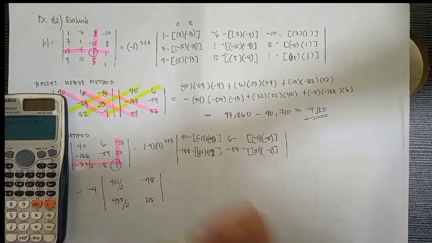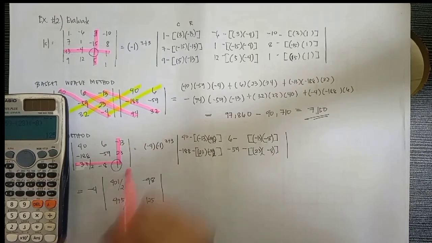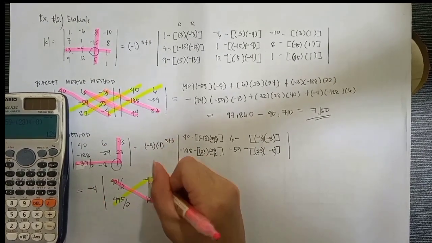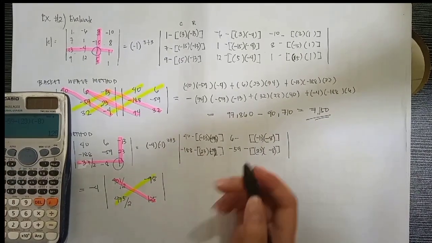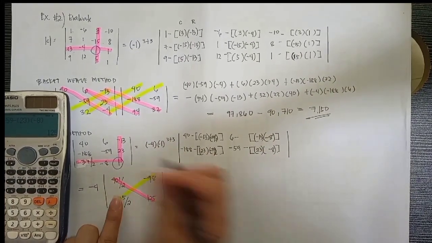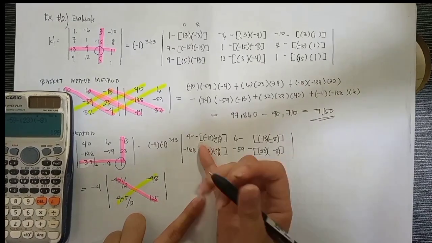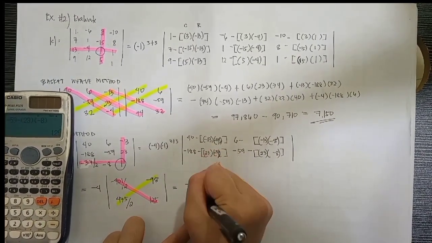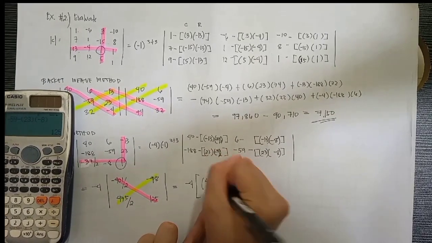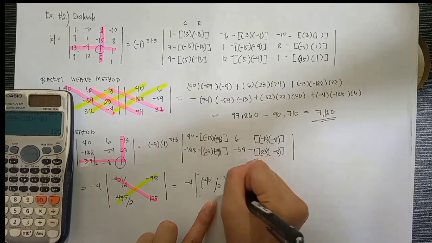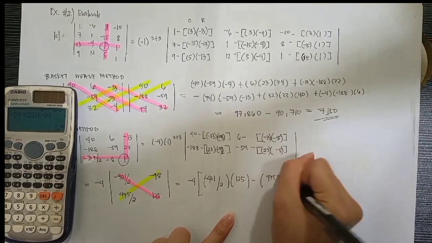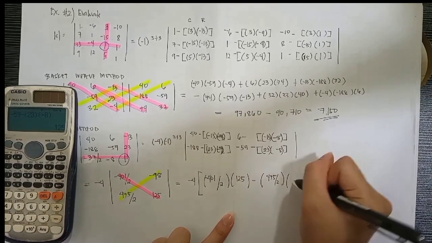In this, we will use the basket weave method. Let's cross out. Let's write -4 to the right side. And -401/2 multiplied by 125 minus 475/2 and -98.